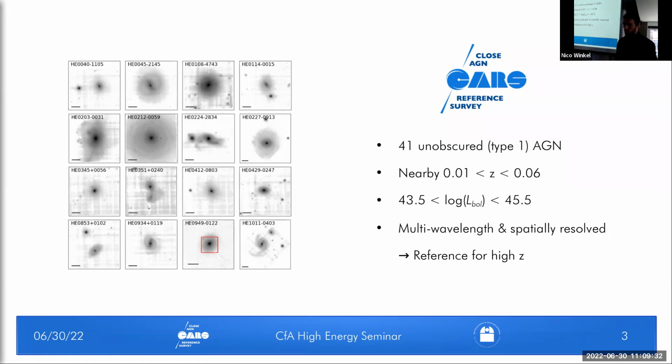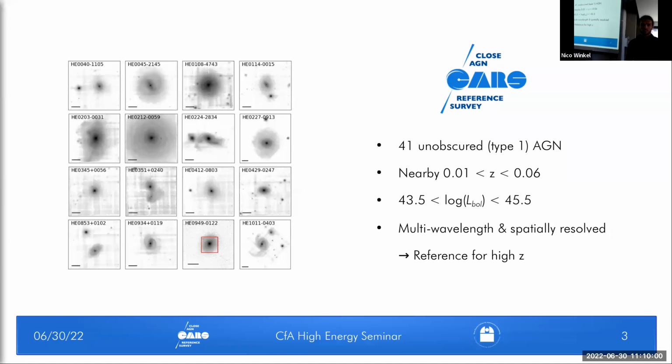As you can see here on the left-hand side in the panels, the morphologies of the host galaxies are quite different from each other. But at the same time, we're capturing a luminosity range which makes the sample comparable to the AGN that we can observe at a higher redshift. So in this sense, this survey serves as a reference to compare the higher redshift quasars with relatively nearby galaxies.